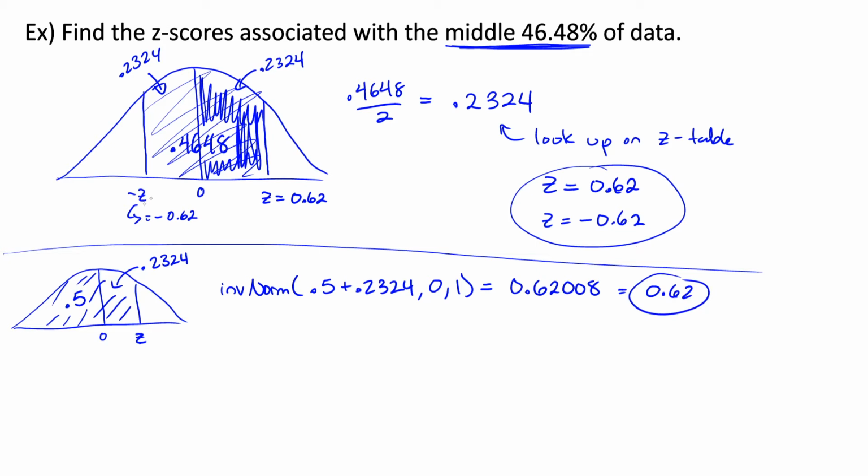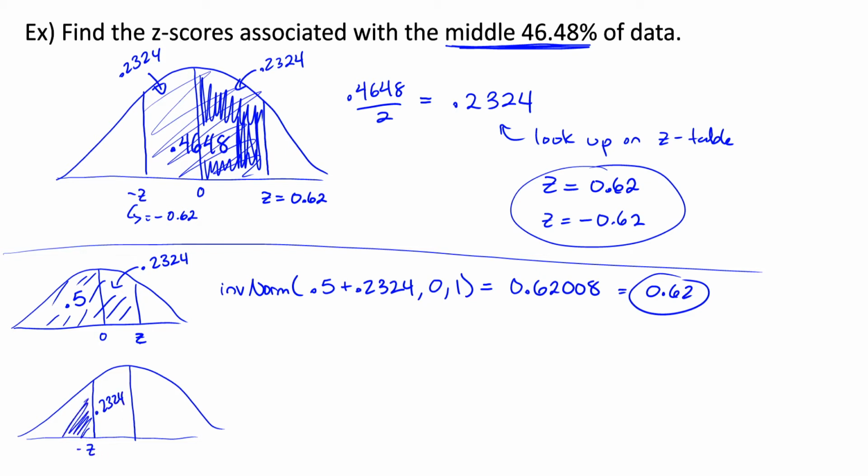But we also have the negative z-score. Now if you know the curve is totally symmetrical, you'd know these two z-scores would be the same, just opposite in sign. You could realize the other one is negative 0.62. But if you wanted to get it directly from your calculator, you'd have to do it a little bit differently. So we know this piece here is 0.2324. This is the piece associated with the negative z-score.